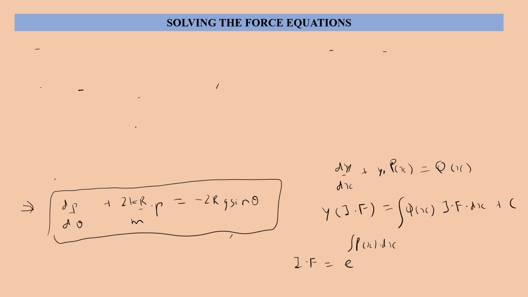Comparing with our equation, in our case the integrating factor is e to the power integral 2kr upon m with respect to theta. This is e to the power 2kr upon m integral d theta, equal to e to the power 2kr theta over m.